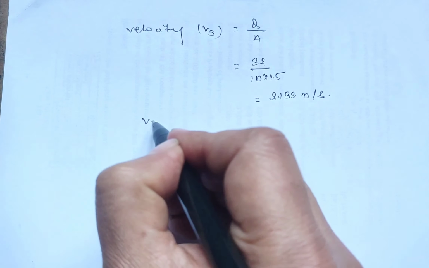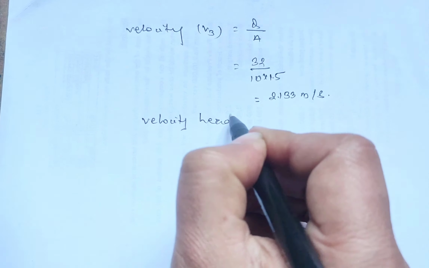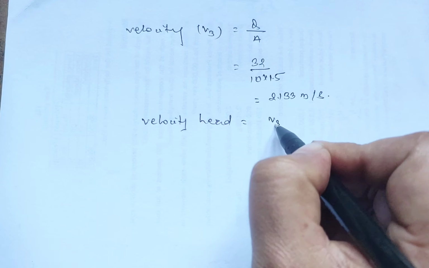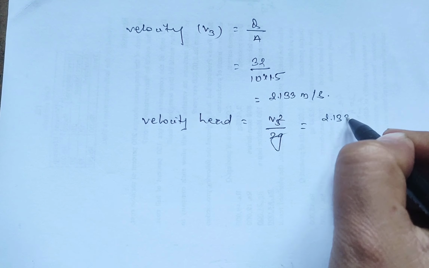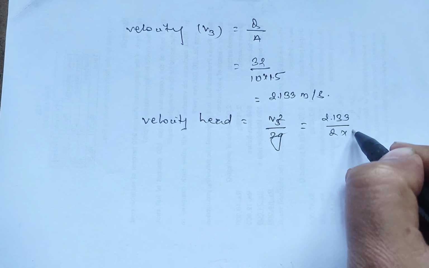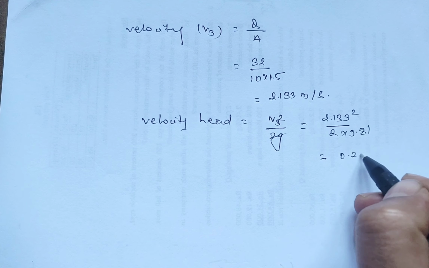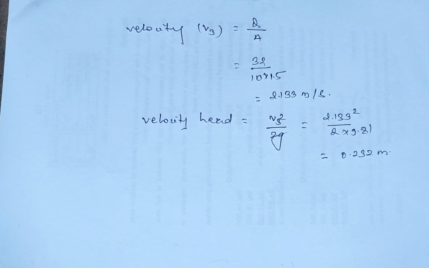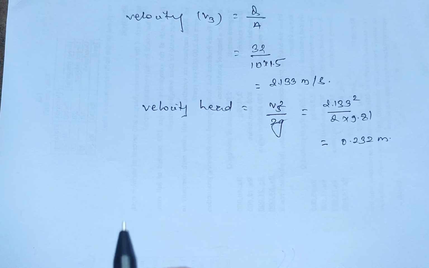After this, the velocity head equals v3 square divided by 2g equals 0.232 meter.